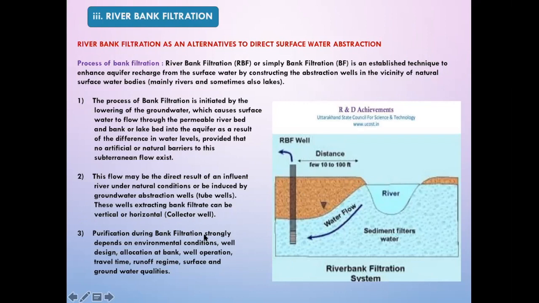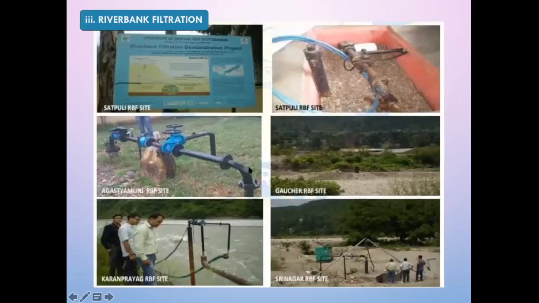Purification during bank filtration strongly depends on environmental conditions, well design, allocation at bank, well operation, travel time, runoff regime, and surface and groundwater qualities. Okay, so these are pictures of some places for the site for riverbank filtration. This is the Satpuli riverbank site.